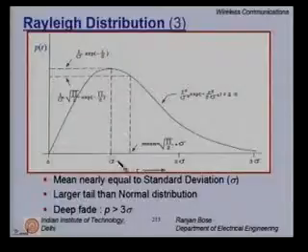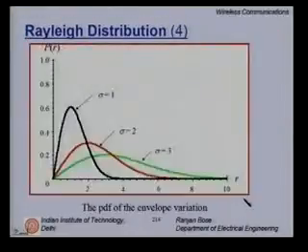Clearly, if you change the sigma, then the PDF will become more constrained to the initial values, so the spread will reduce. Let us look at 3 typical values, sigma equal to 1, 2 and 3, and you can see that the spread increases as you increase the sigma.